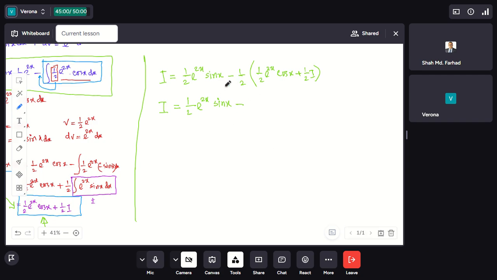Then if we multiply with 1 over 2, we will have negative 1 over 4 e power 2x cosine x, and then negative 1 over 4 I.